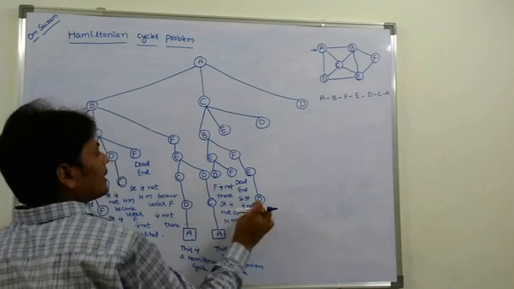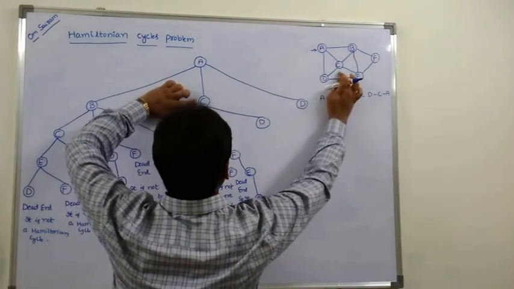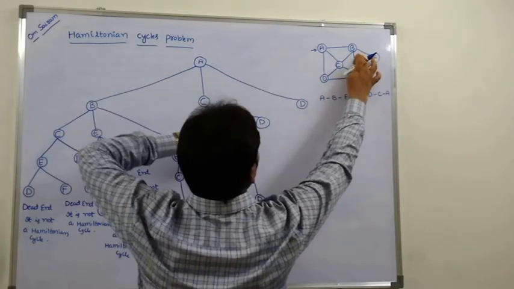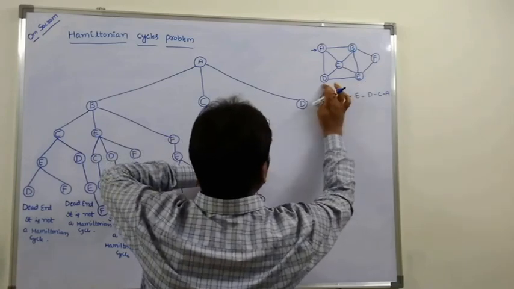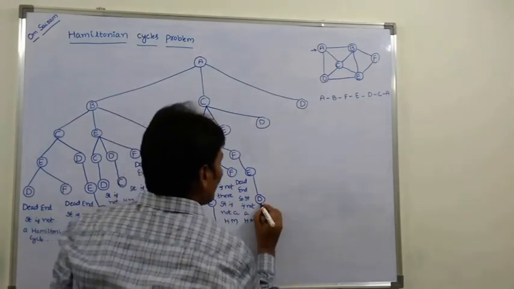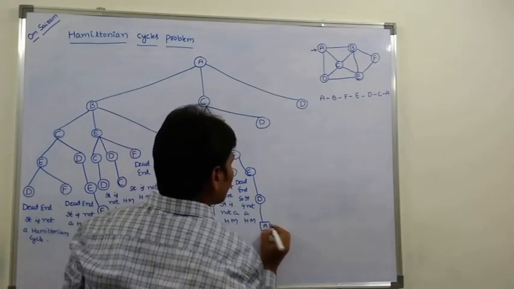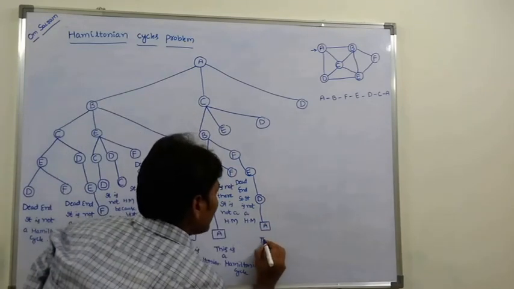We have to check whether it is a Hamiltonian cycle. Starting at vertex A, next go to vertex C, next go to vertex B, next go to vertex F, next go to vertex E, next go to vertex D, next go to vertex A. So we return to vertex A visiting all the vertices exactly once. So this is a Hamiltonian cycle.